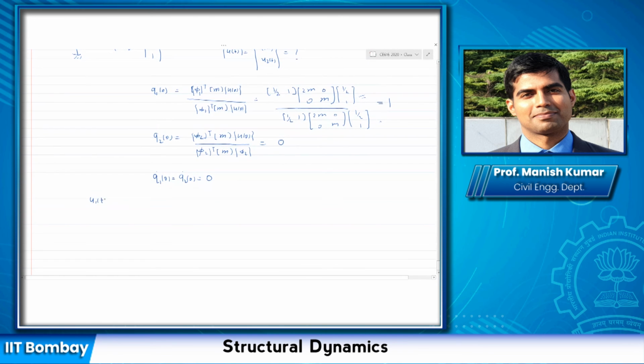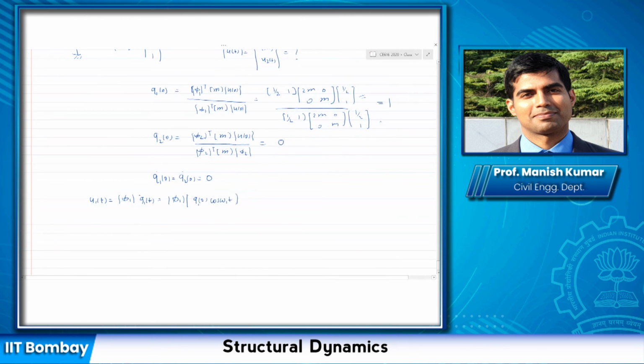So the total response u1 t would be equal to, so this is the contribution of the first mode, phi1 times q1t. And what is phi1 times q1t? q1t is q10 cos omega 1t.